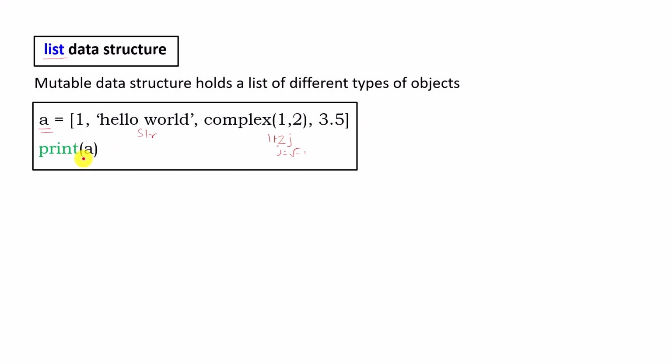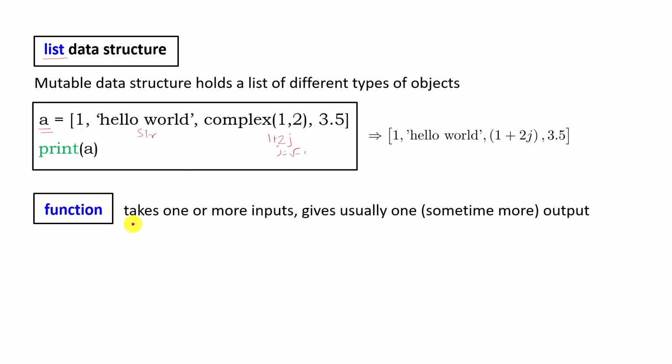If I now try to print A, it will give me, within square brackets, 1, hello world, 1 plus 2j, 3.5, and the type of A is a list. So in this list, I have integer, real, complex, and string together as a block. I can take one of these items and change it if I wish.